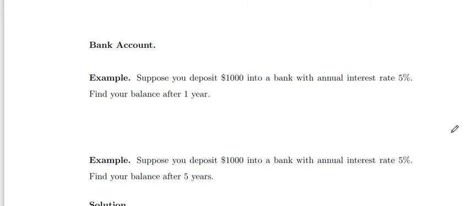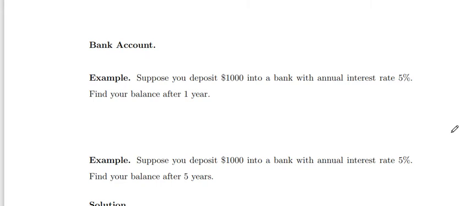I can withdraw my money at any time. So the bank needs to calculate what my balance is. So let's check things like a bank account. How can we calculate my balance in my bank account?